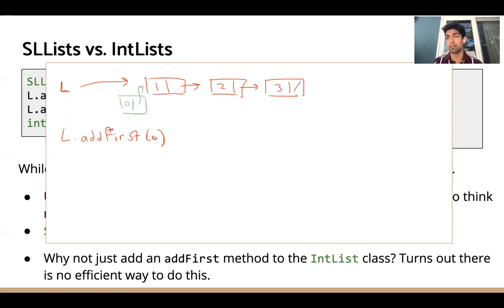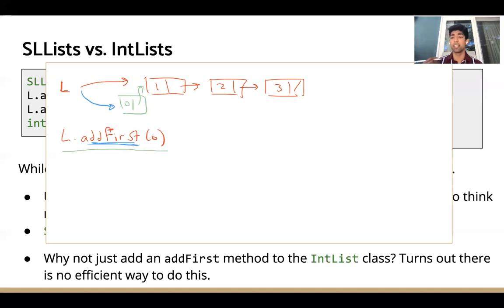So the main problem with this is that if I do L.add first 0, we need to actually reassign the value of L so that L points here. Do you all see that? So in this add first method, it's impossible for us to reassign the value of L, right?